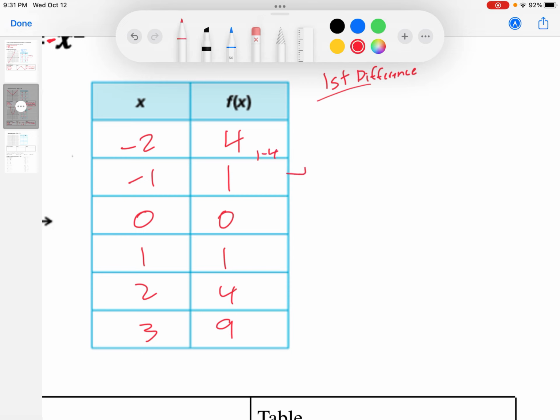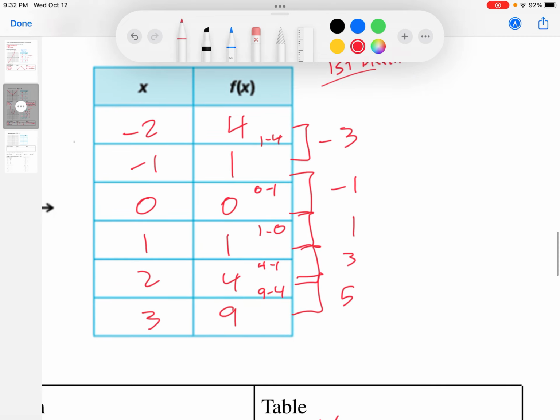So in this case, 1 minus 4, the difference of those numbers is -3. I'm then going to take 0 minus 1, the difference is -1. I'm then going to take 1 minus 0, the difference is 1. I'm going to take 4 minus 1, the difference is 3. I'm going to take 9 minus 4, the difference is 5.